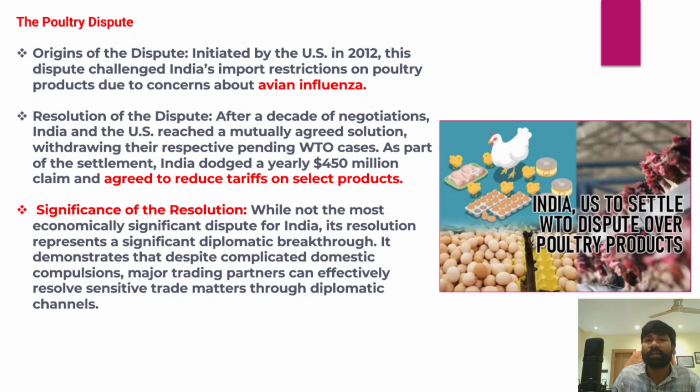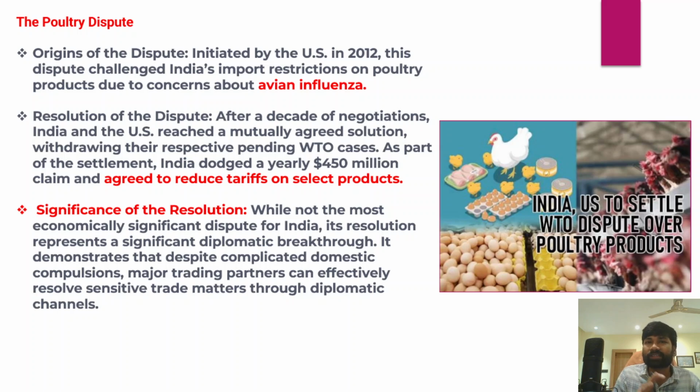However, how are these disputes being resolved over a period of time? After a decade of negotiations, both India and the US have reached a mutually agreed solution. Through diplomacy and negotiation, they have agreed to withdraw their respective pending WTO cases. Whatever cases were pending with the WTO are settled through diplomacy, and they have withdrawn those cases.